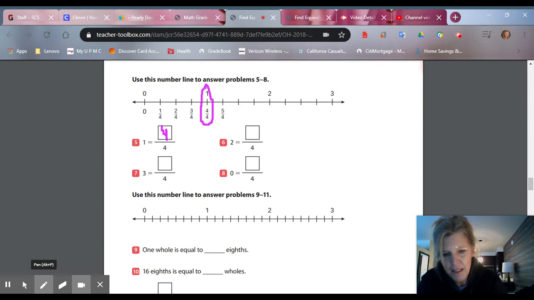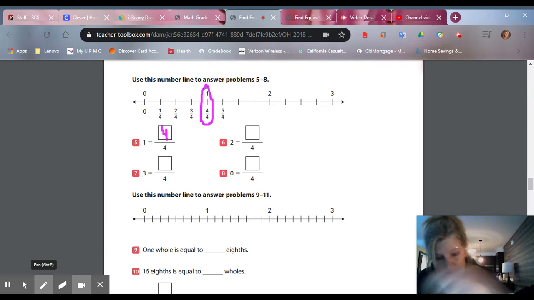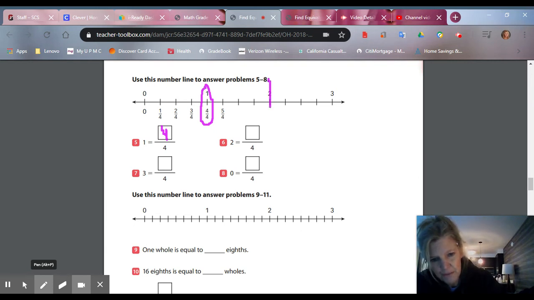Let's look at number 6. 6 goes across. 2 equals how many fourths? They stopped labeling it. See if you can figure it out. Here's 2. How many fourths is it going to be when you get to the 2?